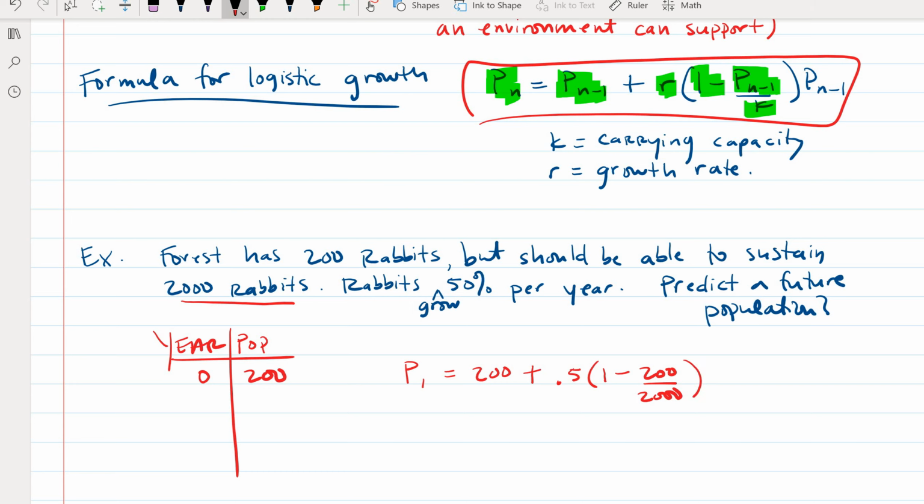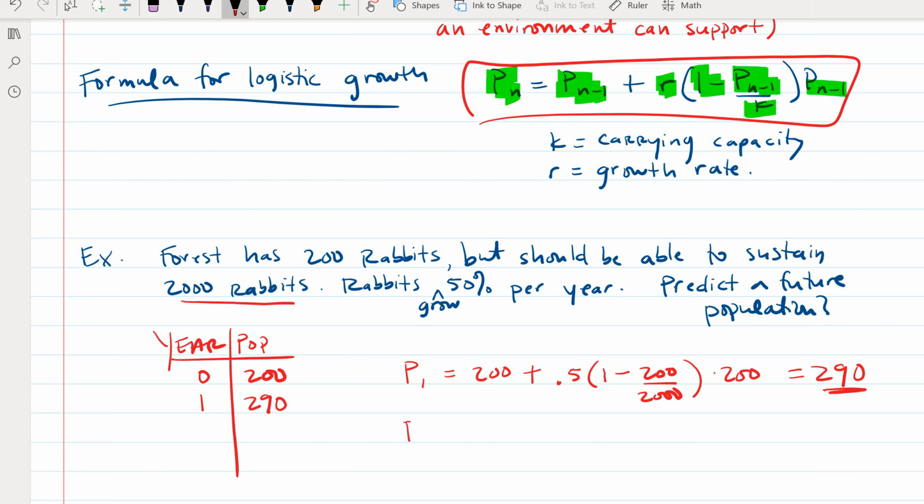And then we multiply that by, again, Pn minus 1, which is your P0 again, so times 200. You can pause the movie and calculate that on your own, but you should get 290. So after year 1, we're at 290.